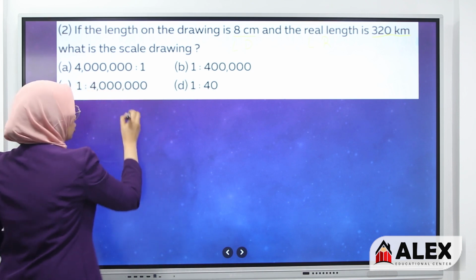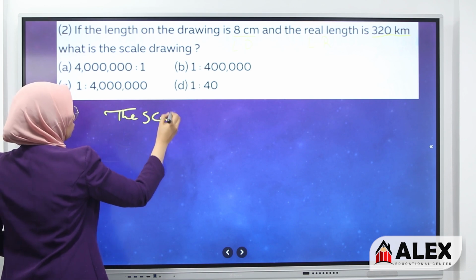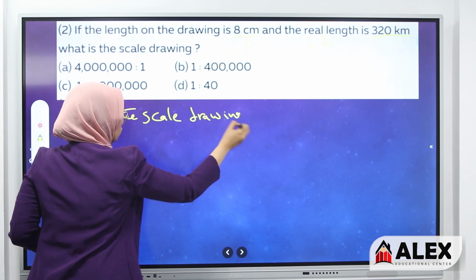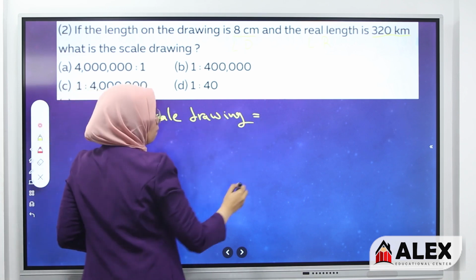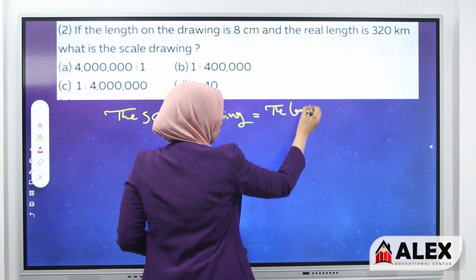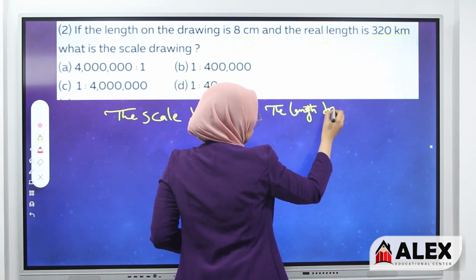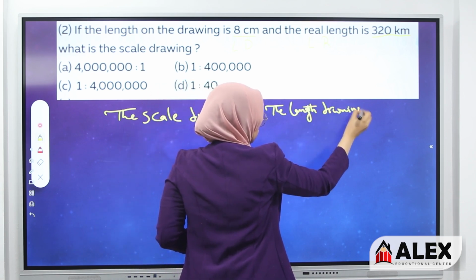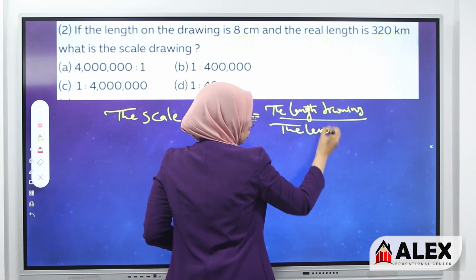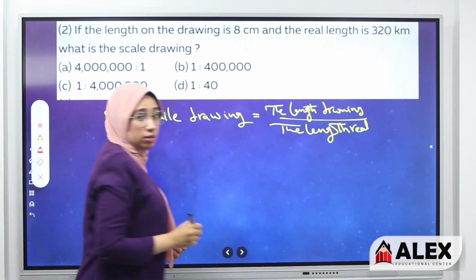The scale of the drawing equals the length of the drawing divided by the length of reality.